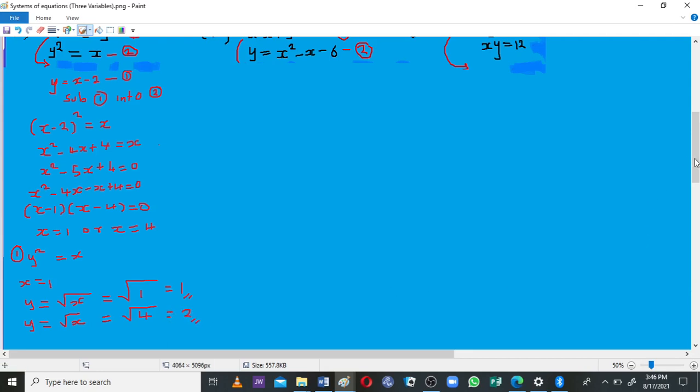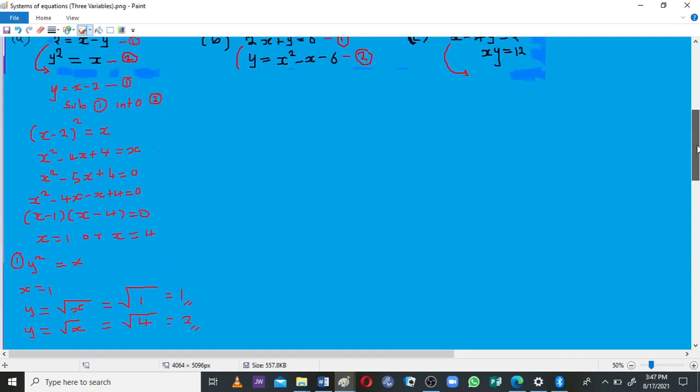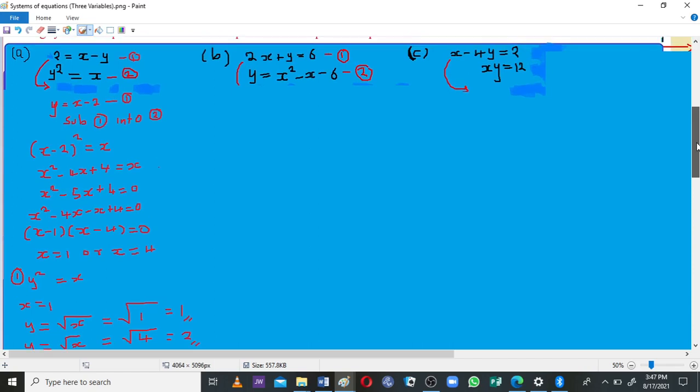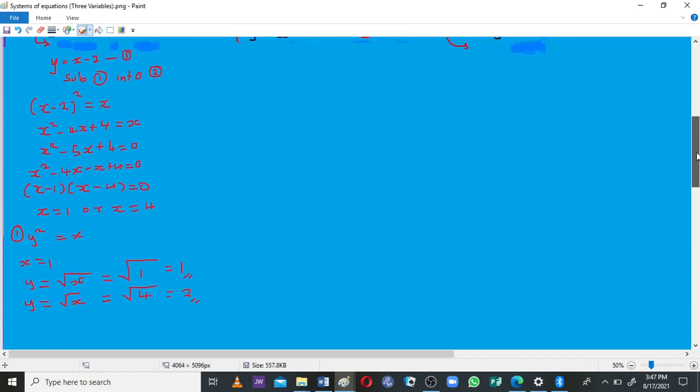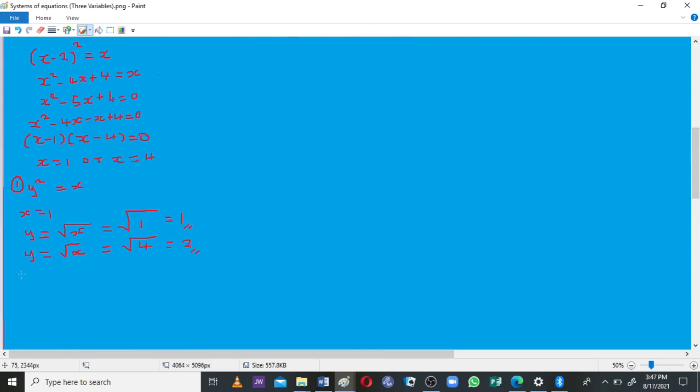Again, you can substitute in equation 1, which is y is equal to x minus 2. Let me just write that properly. If you use equation 1, which is y is equal to x minus 2, and substitute x by 4, you are going to get y is equal to 2.